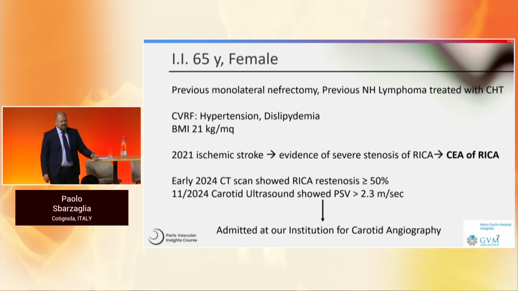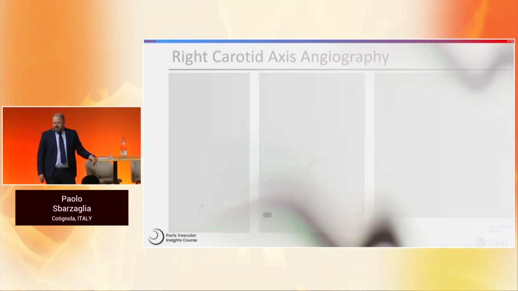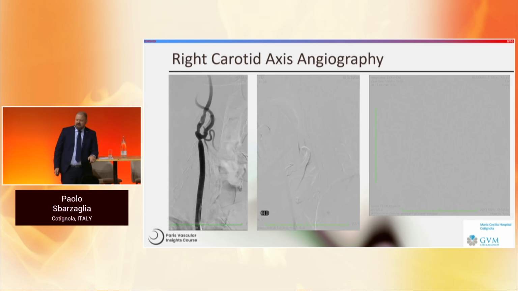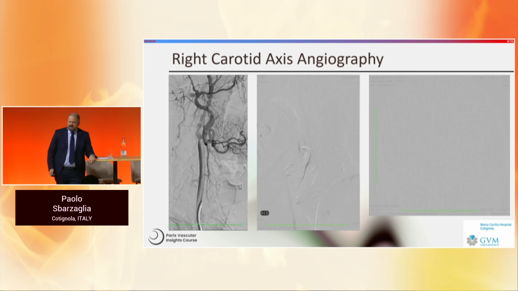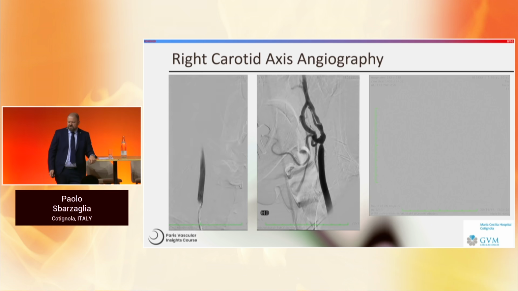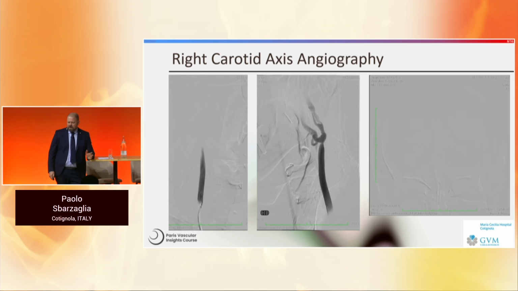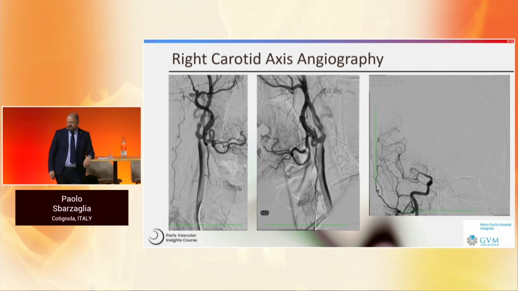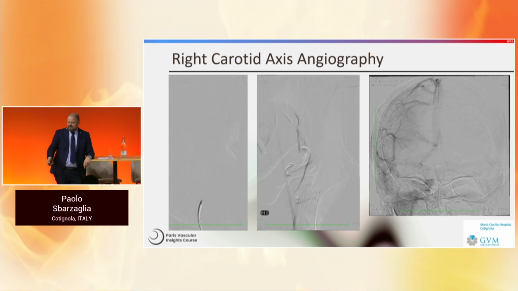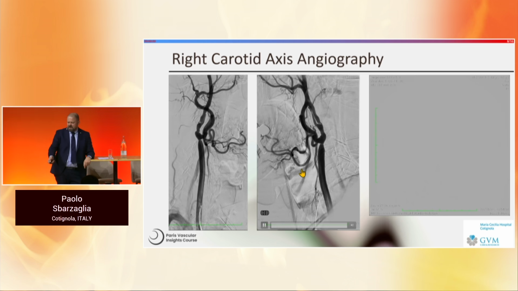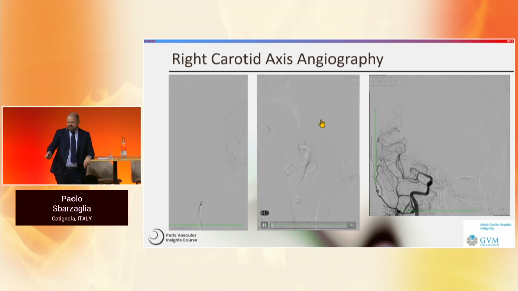So she was admitted at our institution for a carotid angiography. This is the aspect of the angiography. This is a left oblique view, and this is a lateral view in the middle here. This is more than 50%. This is much more than 50%.